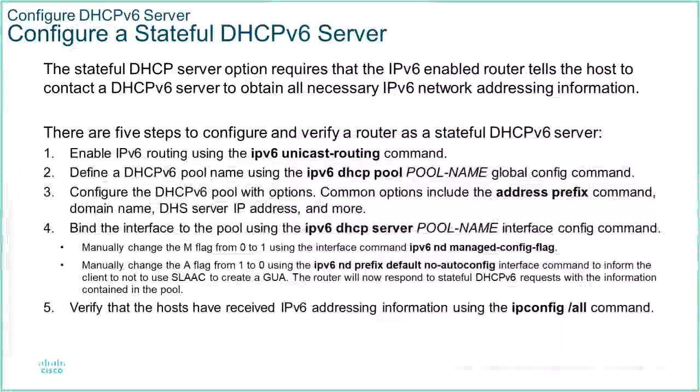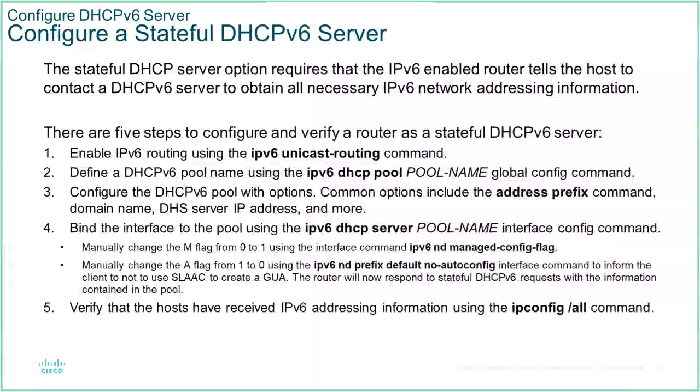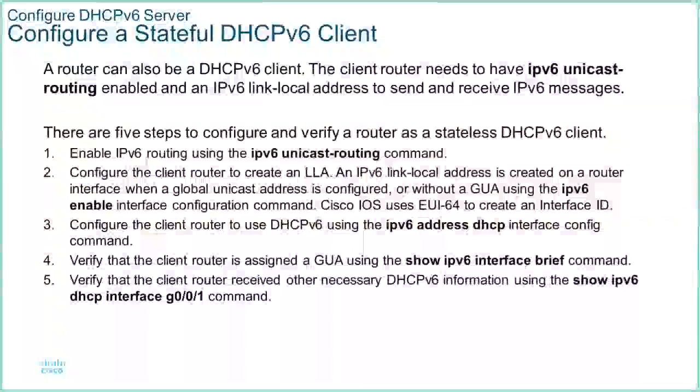We bind the pool to the individual interfaces that we want to have running DHCP services on. And remember, we have to manually set the M and A flags with the managed config and ND prefix commands. Okay, so we're going to tell it what it's doing. Verify using the ipconfig /all command on the hosts to make sure they're getting their addresses.